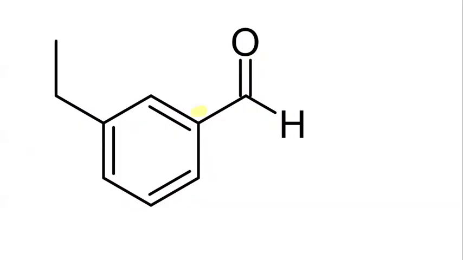Let me highlight it. All of these atoms that I'm highlighting in yellow are my parent chain: a benzene ring connected to a CHO group, which is known as benzaldehyde.